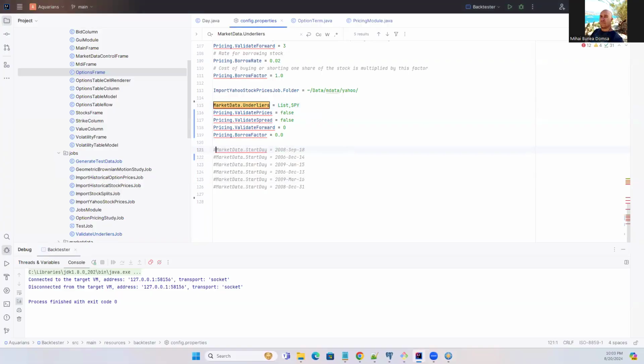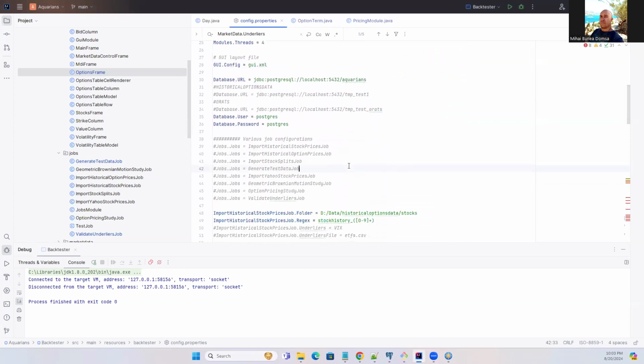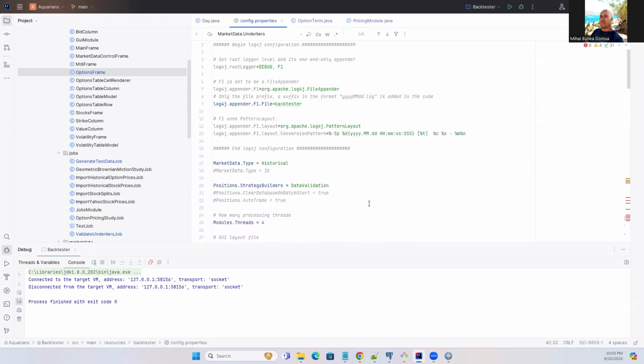So let's go back to the config, comment this, so we use the whole data. And this time we won't run a job, we will run a strategy. It's not really a strategy, it's a data validation process. So it will run something that looks like strategies, but actually just analyzes the data and writes the results in the database.